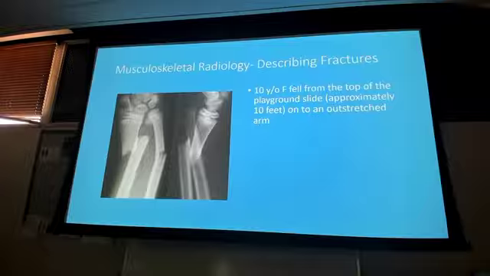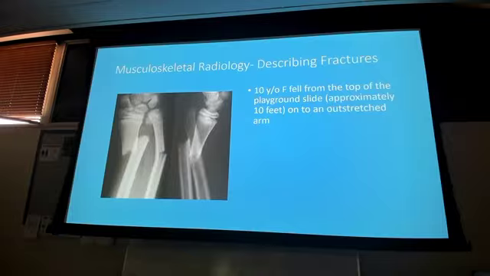Greenstick, or what classification is that also? Incomplete, okay. Incomplete. What other word can we use to describe it? Say again? Greenstick, yep. What else? Are we simple? Are we comminuted? What are we?